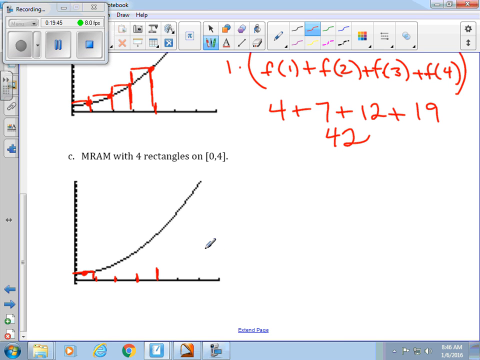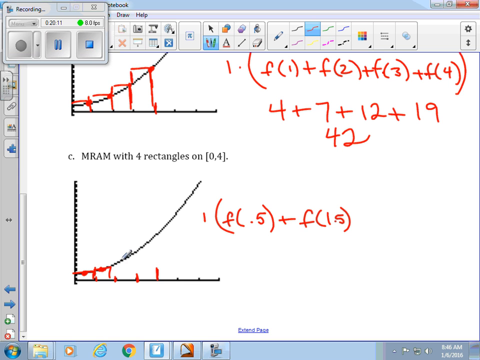So what is my first height of my rectangle? Good, a half, right? Does everyone see how I know that? The second one, what is the height? 1.5, right? F of 1.5, because we're doing the middle of the interval.